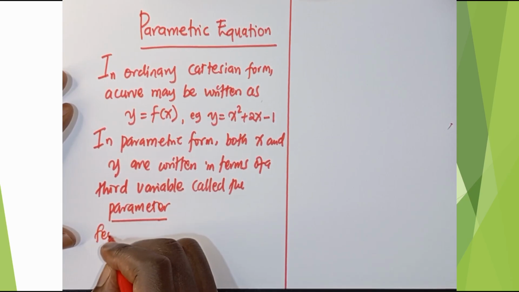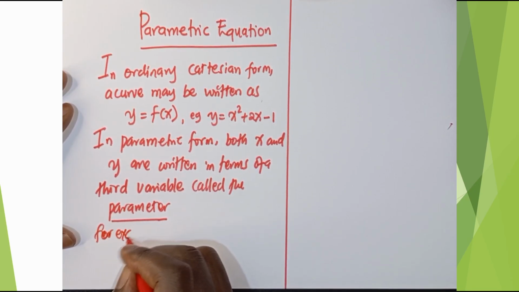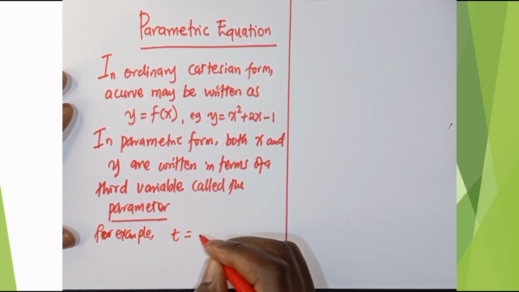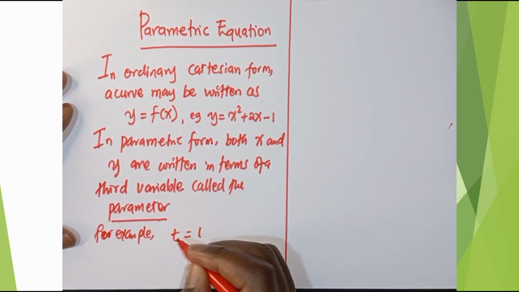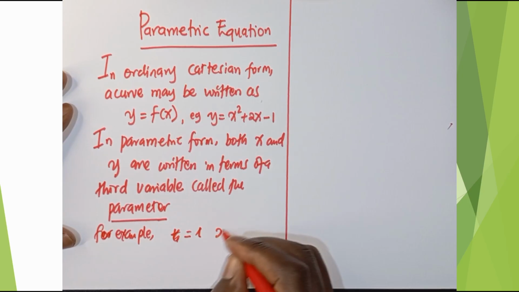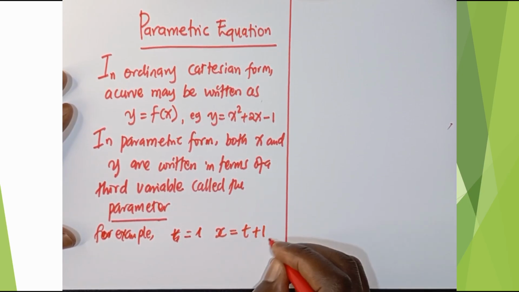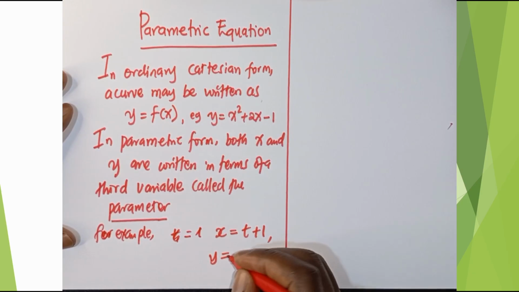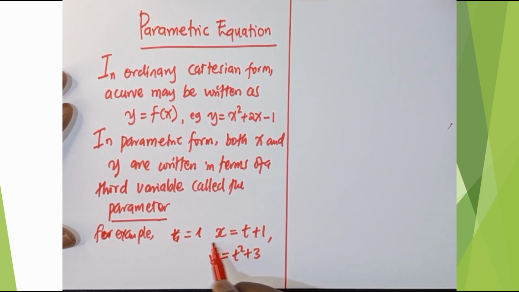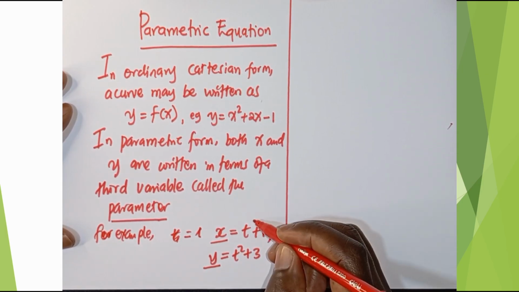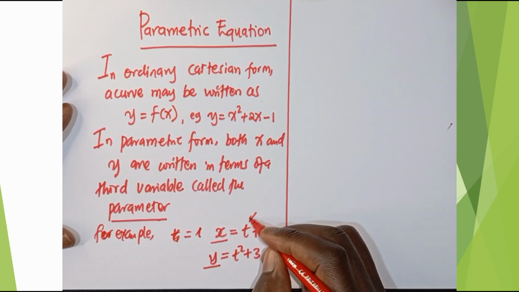For example, you may have x as t plus 1 and y as t squared plus 3. You see x and y are written in terms of another variable called t.